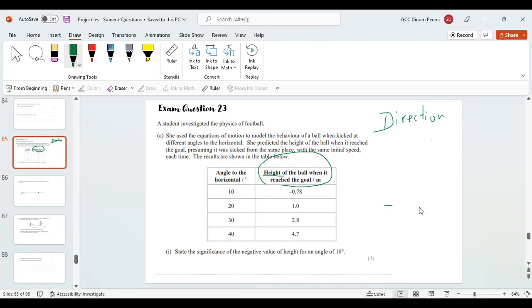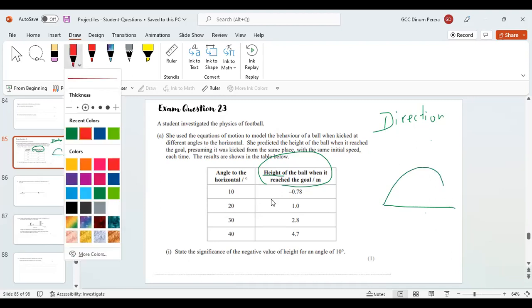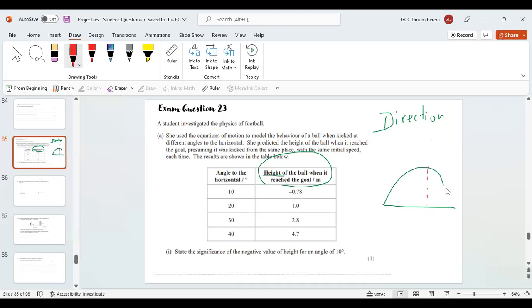So you can have a positive displacement when it is moving downwards, right? Isn't it? While the ball is moving downwards, there can be a positive displacement as well, right?